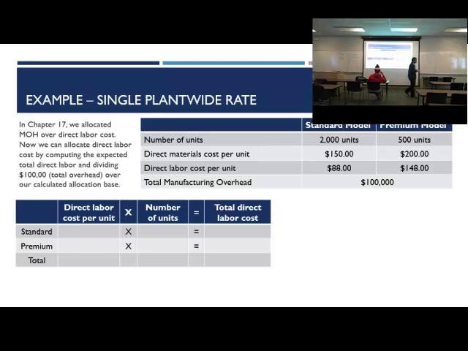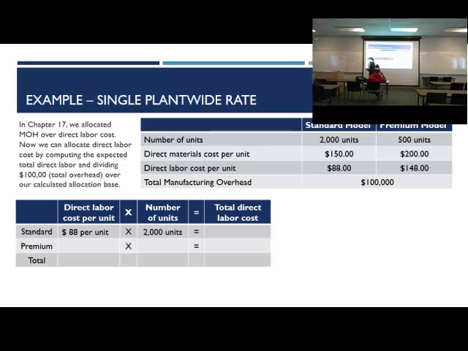Direct labor. Okay, so what do we start with? On the standard model, how many models are we going to make? 2,000. Okay. And how much is it going to cost us on direct labor costs? 88 times 2,000.